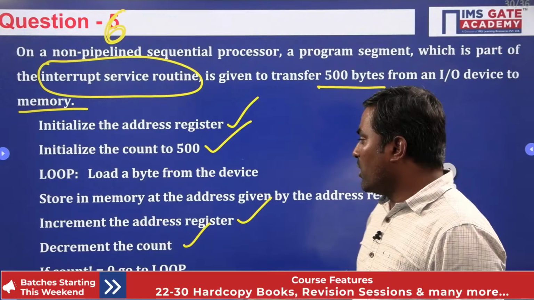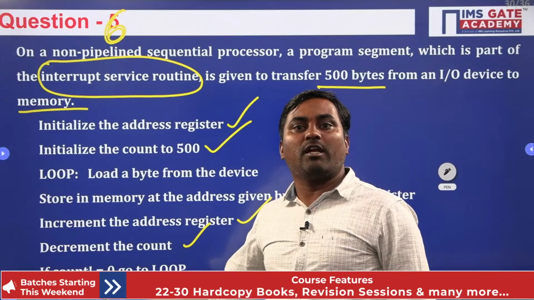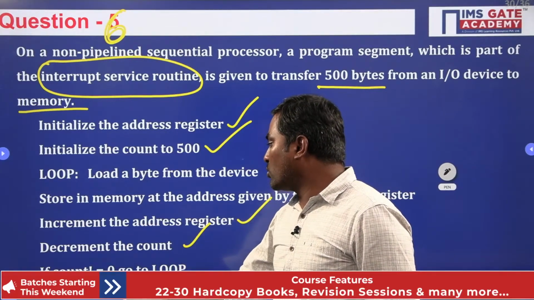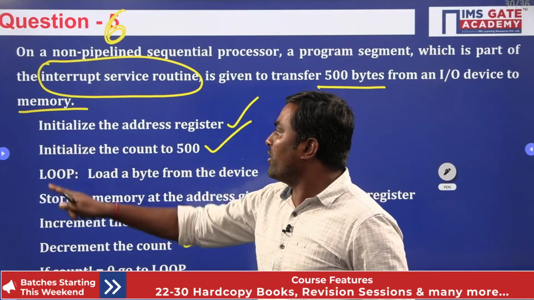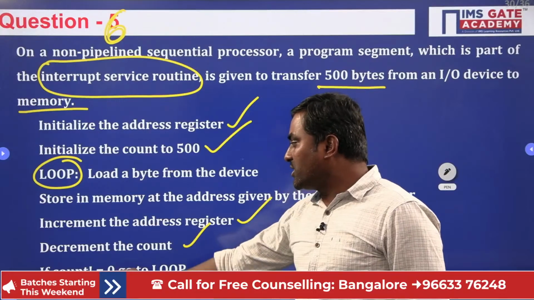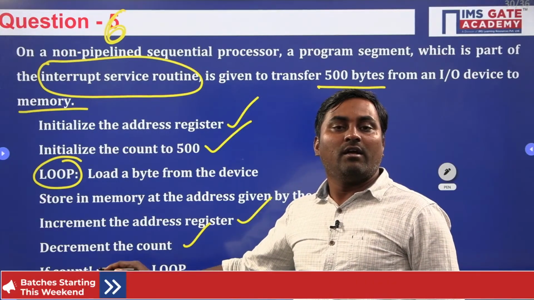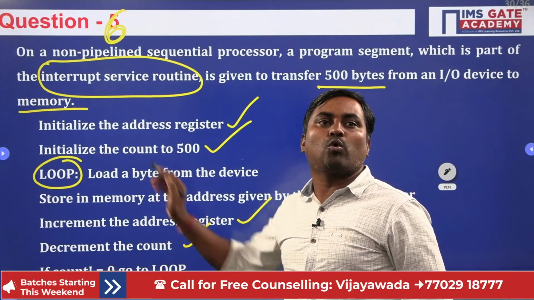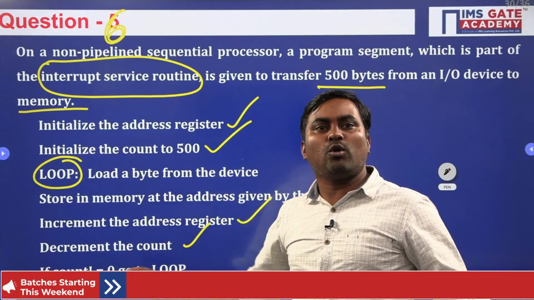The last line is not visible, so I am reading it. If count is not equal to 0, go to loop. The loop is here. The count register starts at 500. If count is not equal to 0, go to loop. If the count becomes 0, you stop.